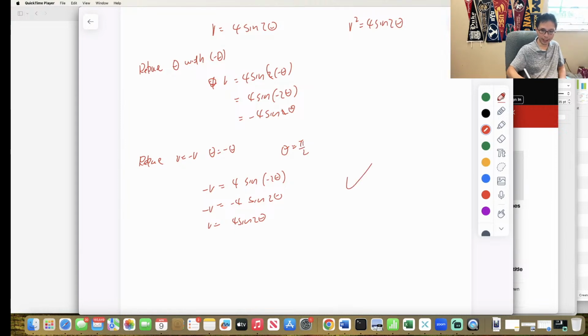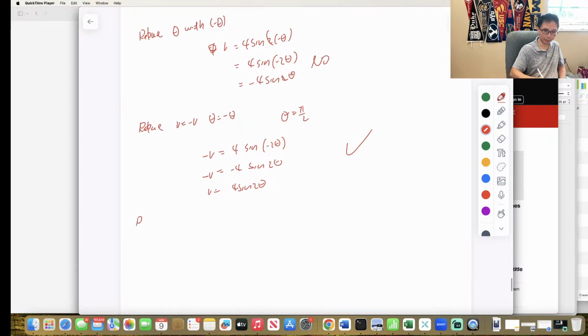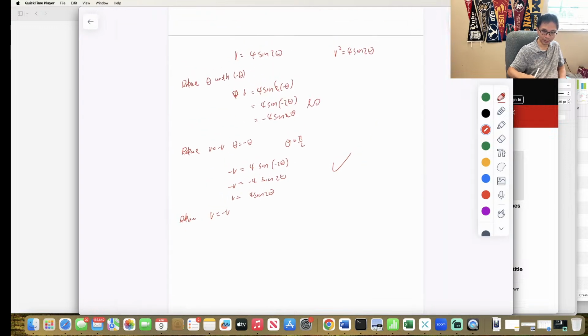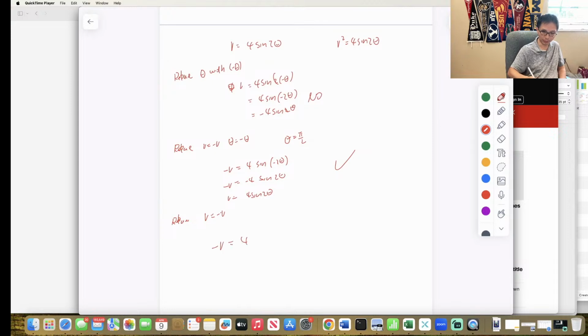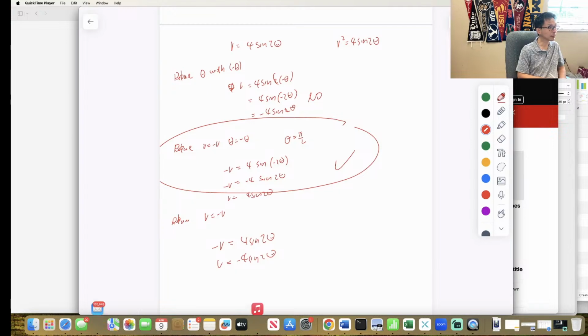So this is a yes, this is a no. And then you're going to replace r with negative r on the last one. So negative r equal to 4 sine 2 theta, and r equal to 4 sine 2 theta. This is a no. So there's only one symmetry, which is at pi over 2.